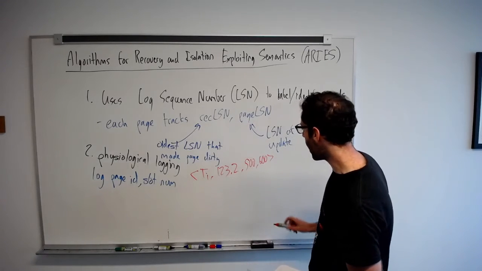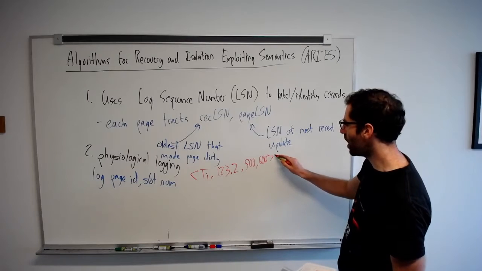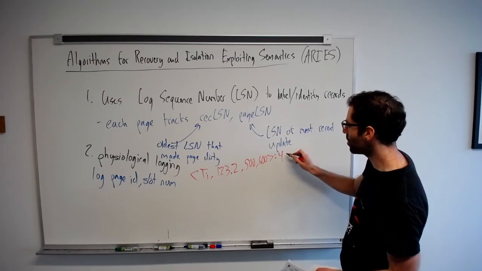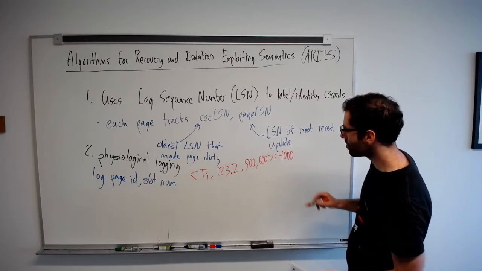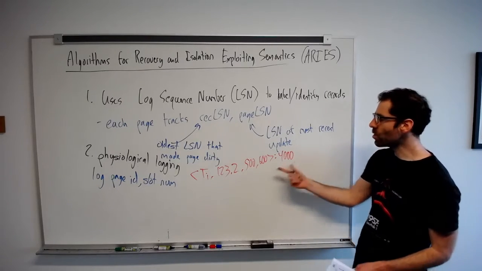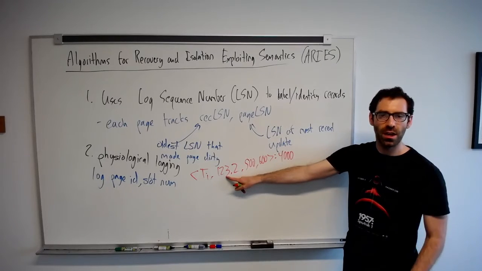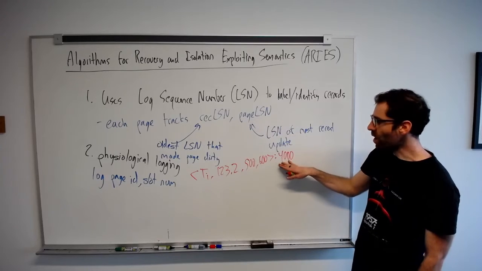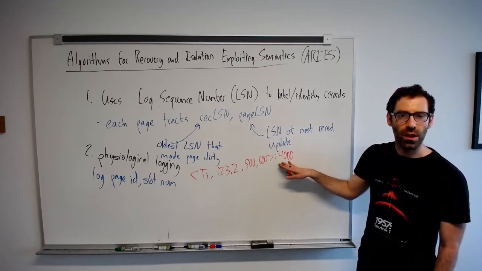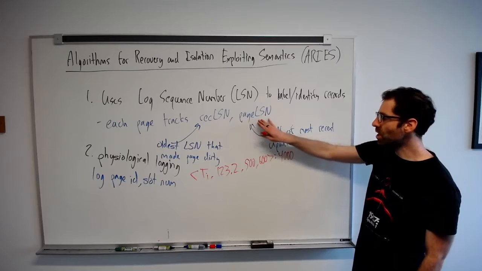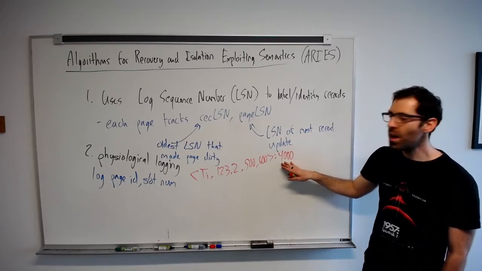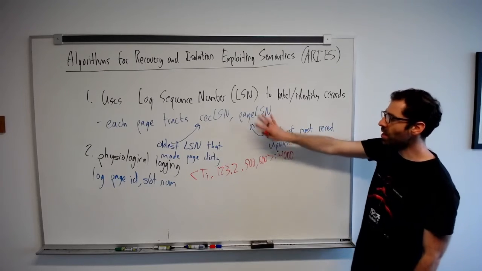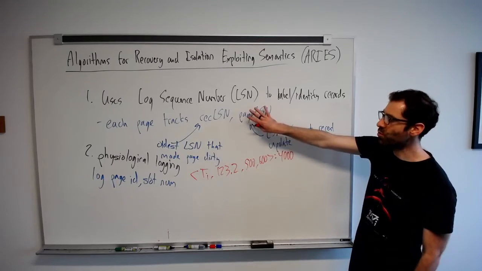This log record will actually have a log sequence number, so maybe its log sequence number is 4000. And so now we can look at page 1, 2, 3, say on disk, and say, is its page LSN greater or smaller than 4000? If the page LSN is greater than 4000, then a more recent log record was written out.